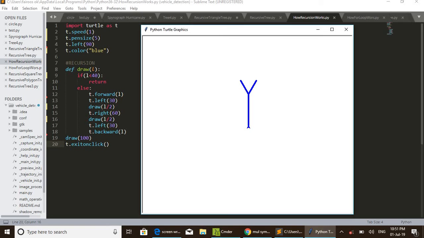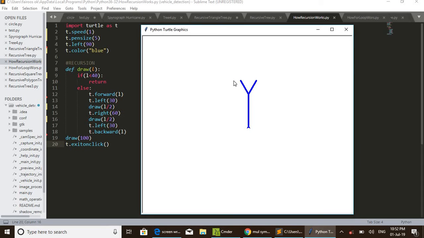So it returned back to this 14th line. Then it jumped to the 15th line, T dot right 60. Since the condition is satisfied, it returns, and after that goes to the next line, T dot right 60.